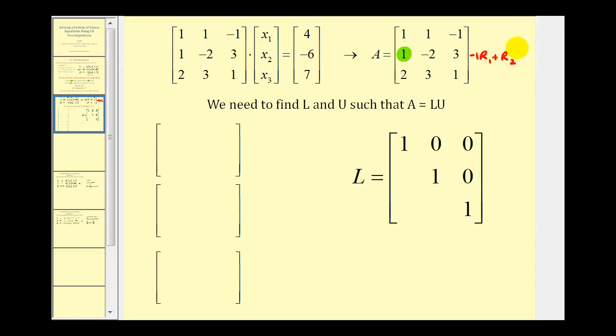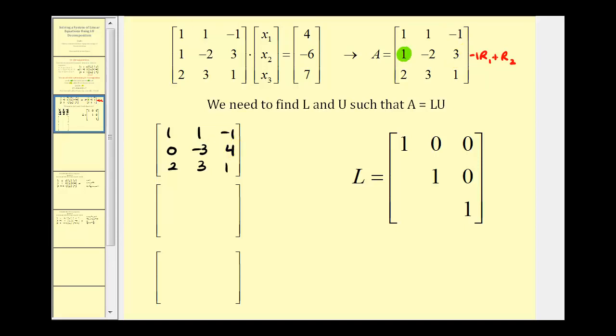Let's go ahead and do that and place our new matrix over here on the left. So row 1 and row 3 will stay the same. And then for row 2, -1 times 1 plus 1 is 0. -1 times 1 plus -2 is -3. -1 times -1 plus 3 is +4.